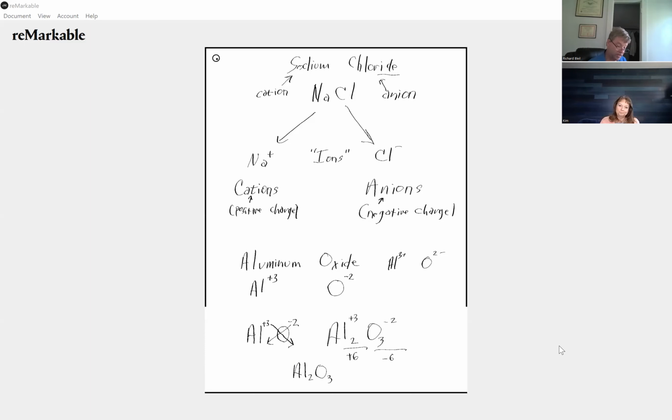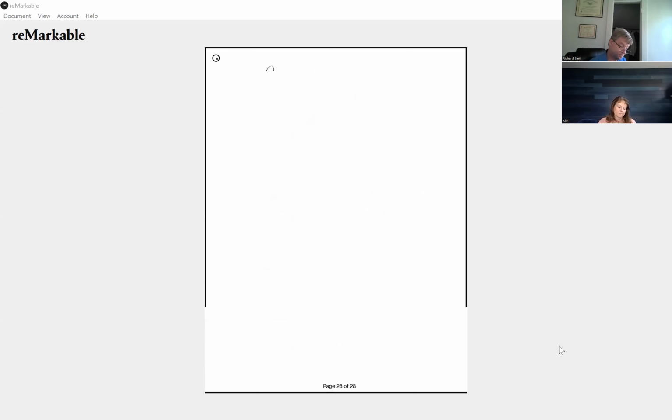One more real quick example. Calcium oxide. Calcium, of course, is the cation. It wants to lose 2 electrons.